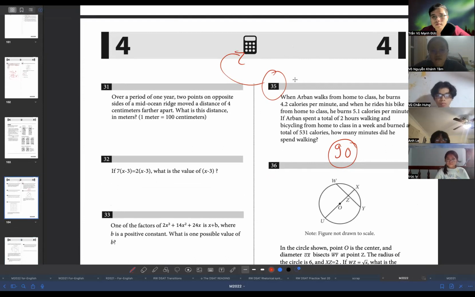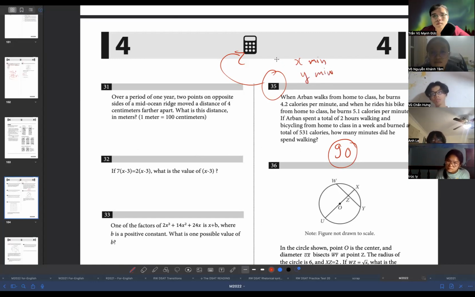I have the minutes of Arvin's work as X and the other as Y, and I have an equation that X plus Y is 120.